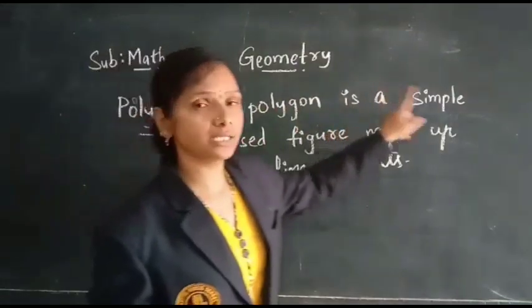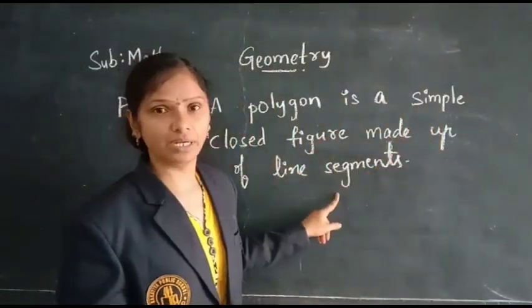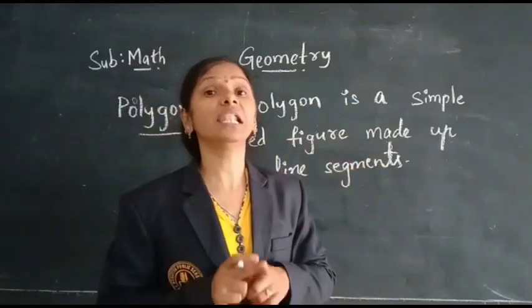A polygon is a simple closed figure made up of line segments. It is a closed figure with line segments.